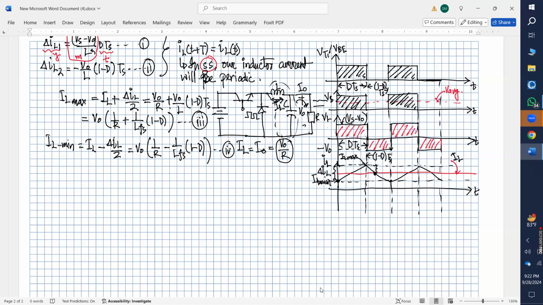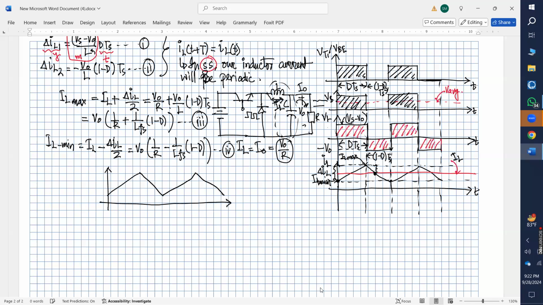So now, let me talk to you about the effect of inductance on that current waveform. Suppose we have considered the inductance such a way that the current through the inductance is varying like this.